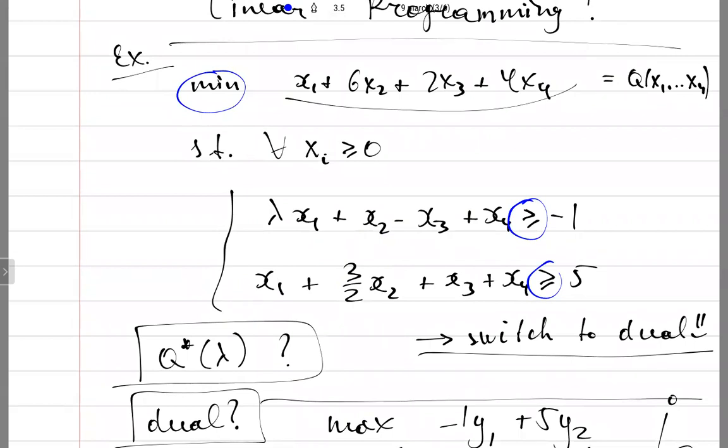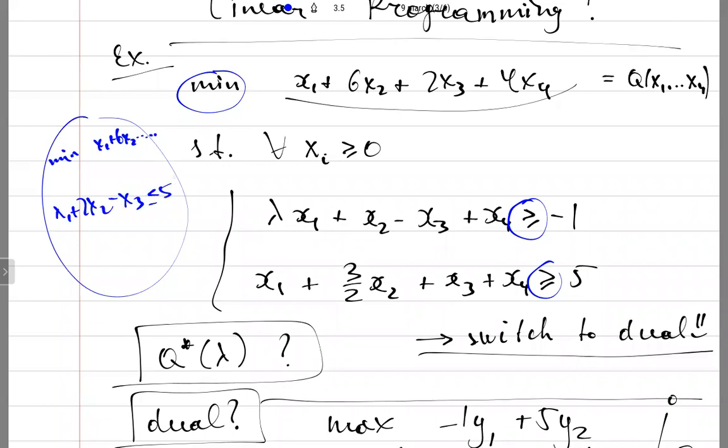So if I have a question on the exam like minimize x1 plus 6x2 plus so on, and the first one is x1 plus 2x2 minus x3 is less than 5, and the second inequality is 2x1 plus 3x2 plus 2x3 is greater than 6.